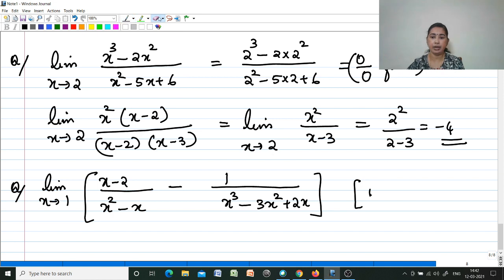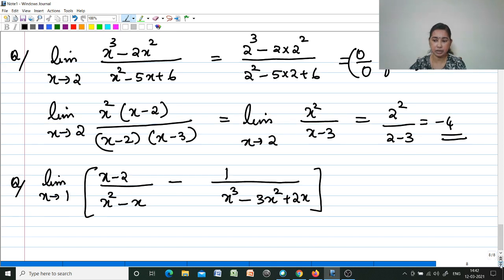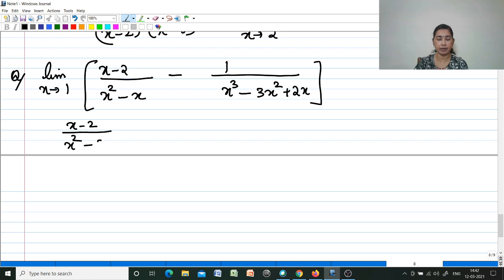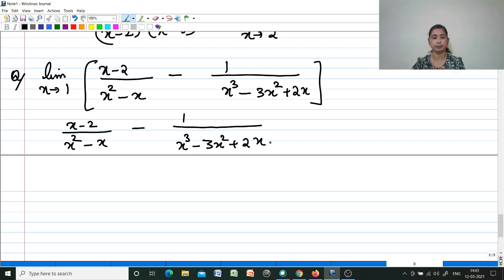So we have to go for factorization, and here we can do only factorization. I am not applying the limit now, I am taking the inside part separately: (x minus 2) divided by (x square minus x) minus 1 by (x cube minus 3x square plus 2x).